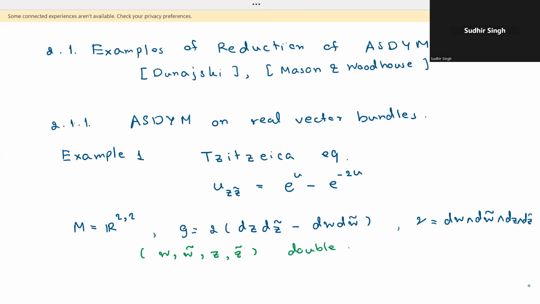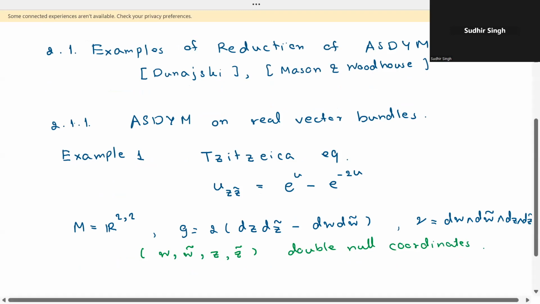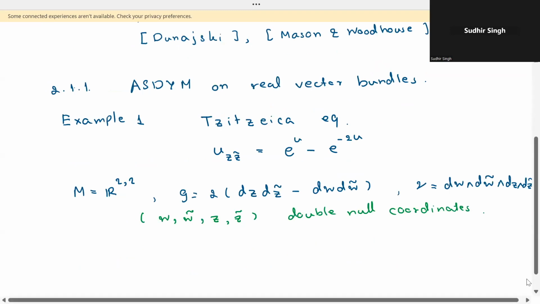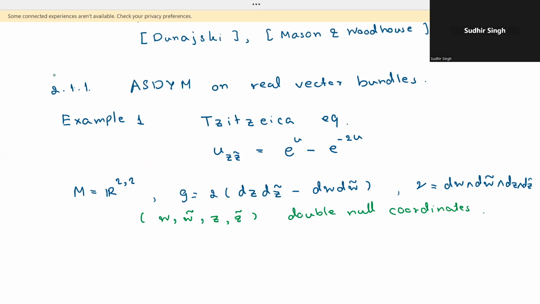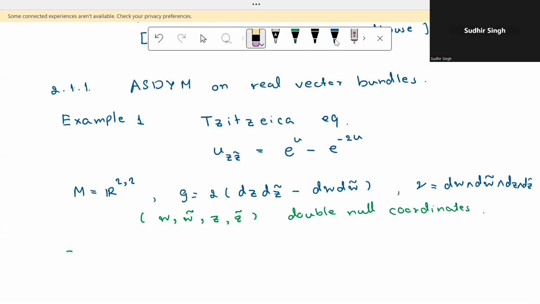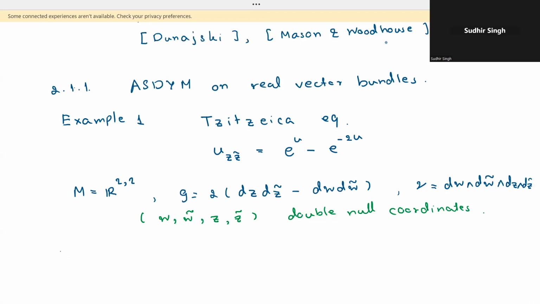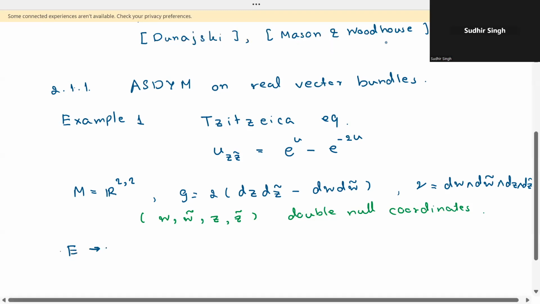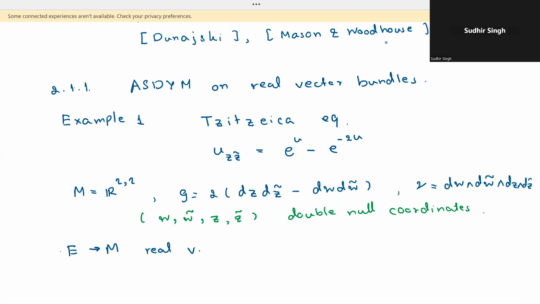Okay. Double null coordinates. Okay. And let me just write down what the anti-self-dual Yang-Mills equation is. So E is a real vector bundle of rank n.